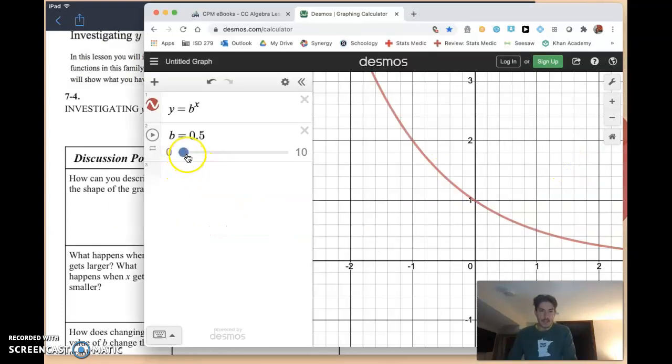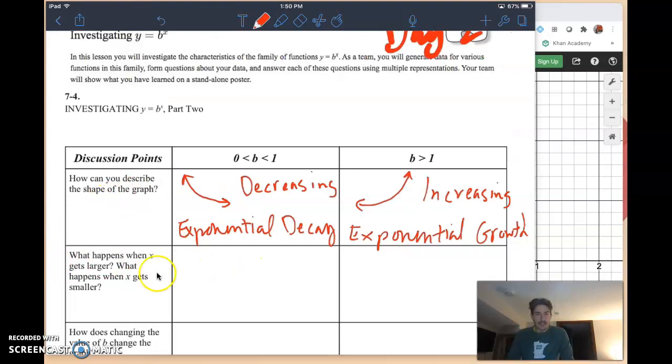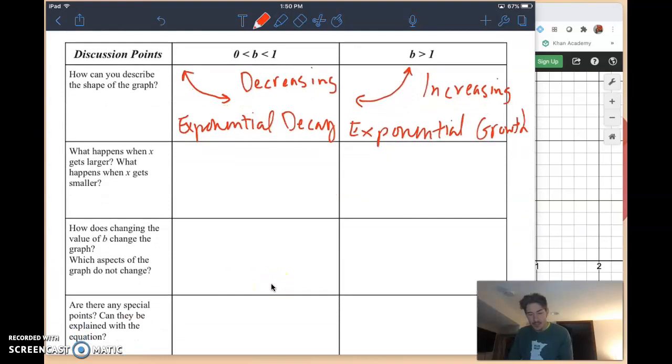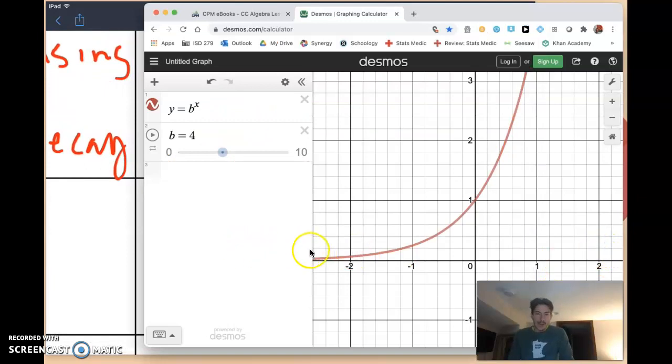I'll change b to be a value larger than 1 again. 4 is certainly good enough. And the next question says, hey, what happens when x gets larger? What happens when x gets smaller? So I'm going to tackle this part right here first. Well, I notice as x gets larger, right, as I read from left to right, the y value gets extremely large very, very quickly.